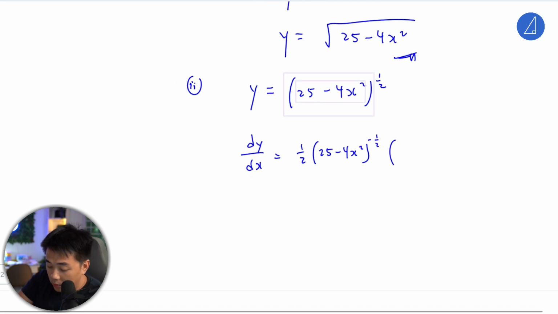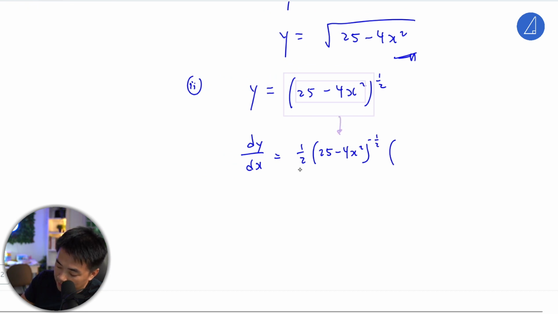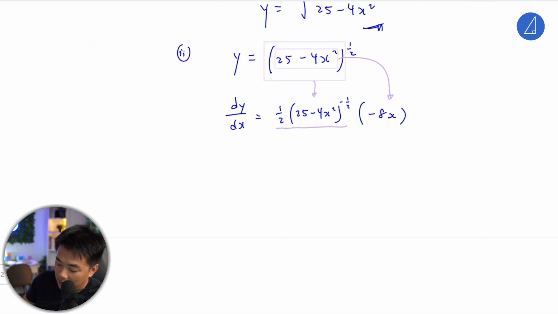Then you move on to the inner layer. It's just like an onion, you keep applying the chain rule going in. So 25 will be 0, minus 4x squared will be 2 multiplied by negative 4, which is minus 8x.